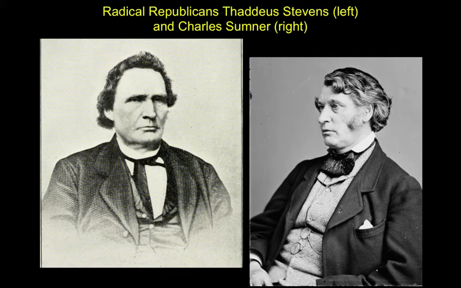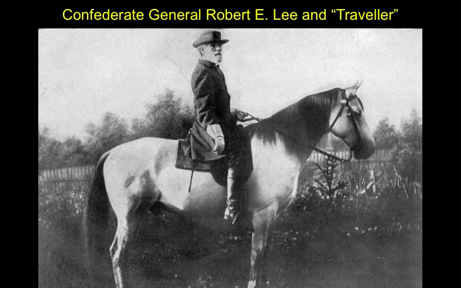After Lincoln's assassination 9 days following General Robert E. Lee's surrender at Appomattox Courthouse, these radical Republicans commandeered control of Reconstruction. To many in the South, it seemed that radical Republicans sought vengeance for 4 years of unthinkable carnage.